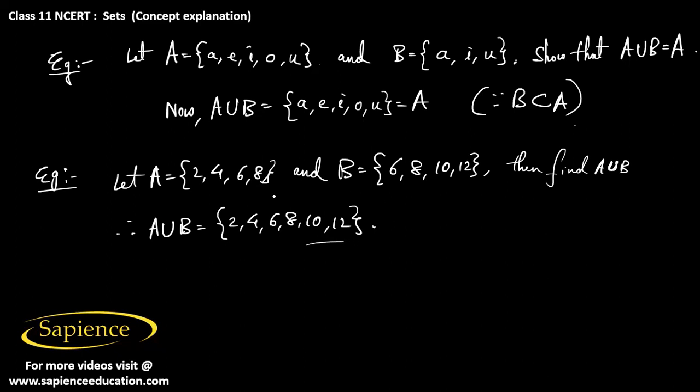So it means we should include all the elements which are in A and in B, and which are common to A and B also.